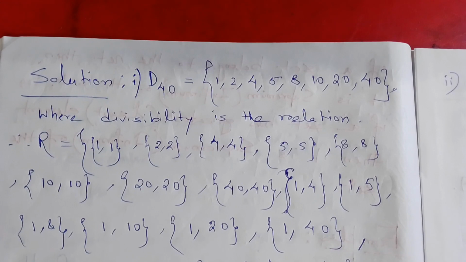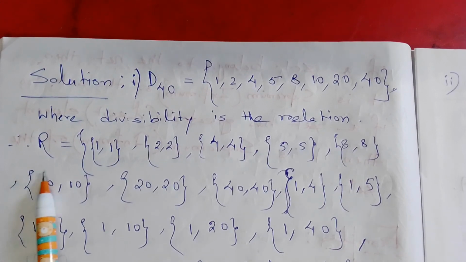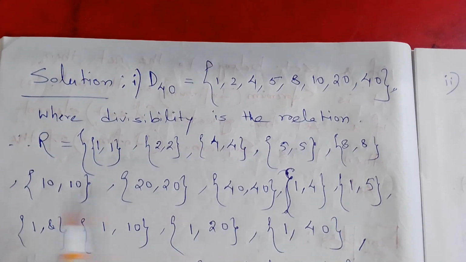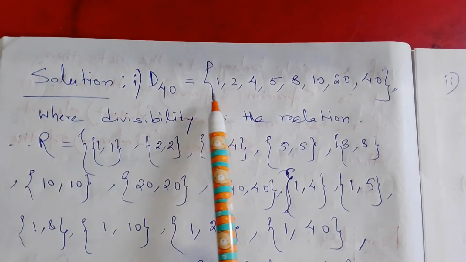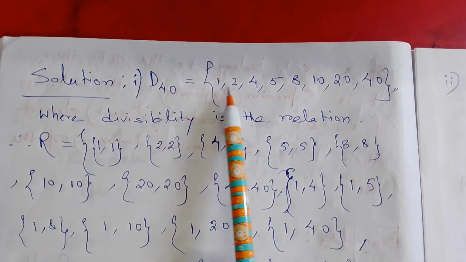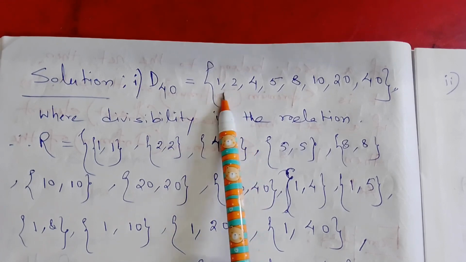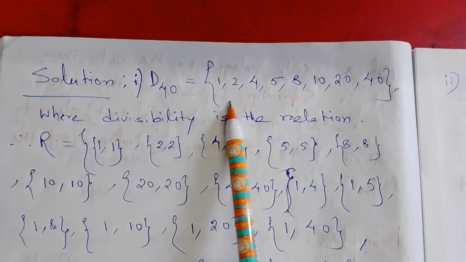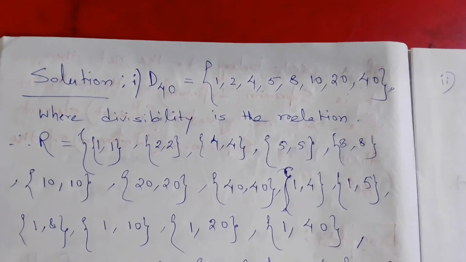If we write the relation set of D40, it will consist of these elements: 1 divides 1 itself first, then 1 divides 2, 1 divides 4, 1 divides 8, 1 divides 10, 1 divides 20, 1 divides 40.